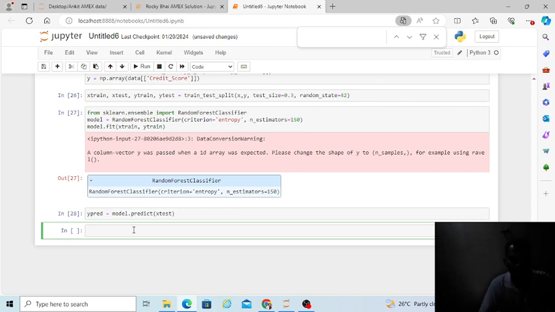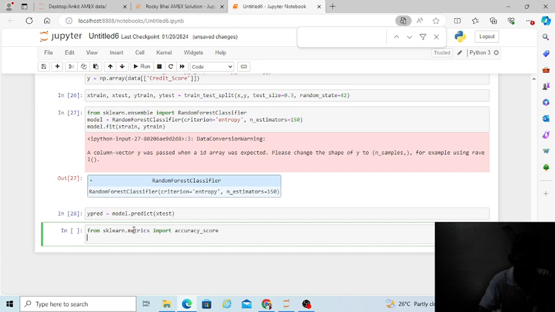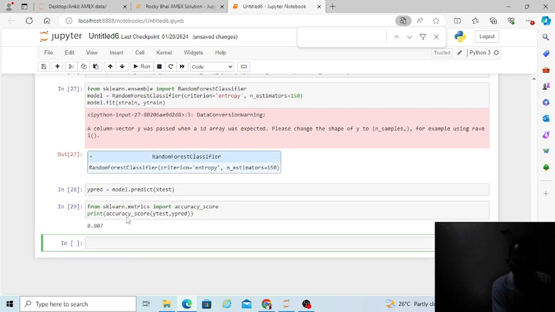Once it is done, we will check our accuracy of the model from sklearn.metrics import accuracy_score, and we will print accuracy_score y test comma y pred. So we have got 80% accuracy.